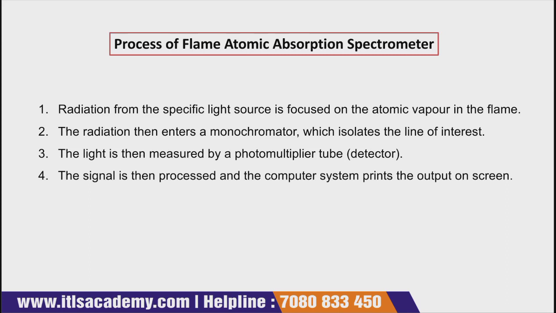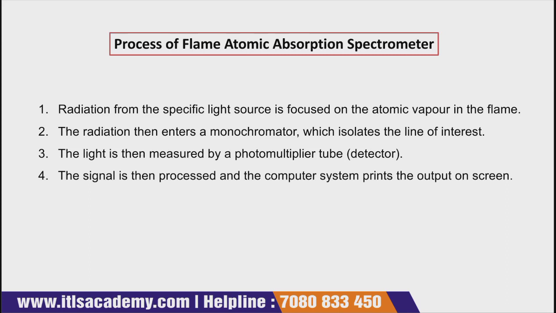In short, radiation from the specific light source is focused on the atomic vapors in the flame. The radiation then enters the monochromator, which isolates the line of interest. The light is then measured with a photomultiplier tube, or you can say detector. The signal is then processed and the computer system prints the output on the screen. Simple.